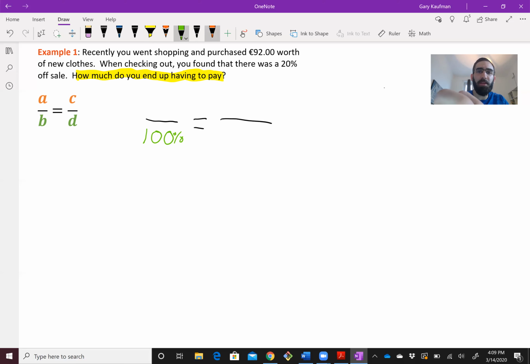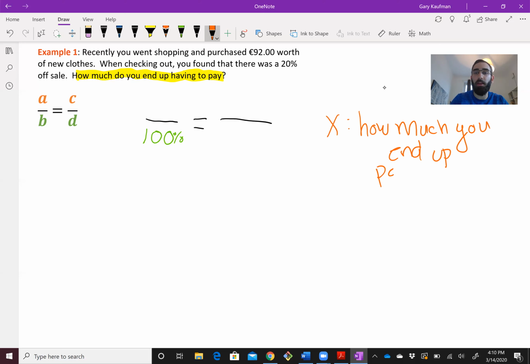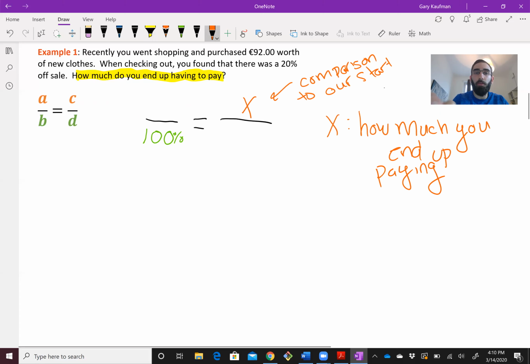Well, it ends up being C. We are missing the part of the total. So we're going to say X represents how much you end up paying, and that's going to be up here. That's our C. It's our comparison to our start. Well, what's our start?